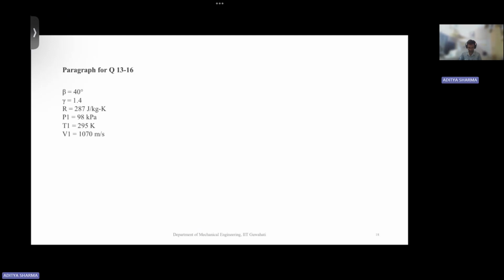Then we have a few numerical questions. For this, first I'll give you some data: M1, M2, P2 by P1, and T2 by T1.